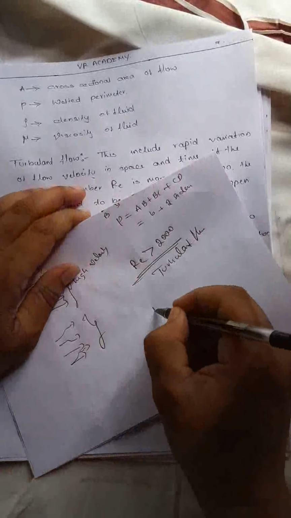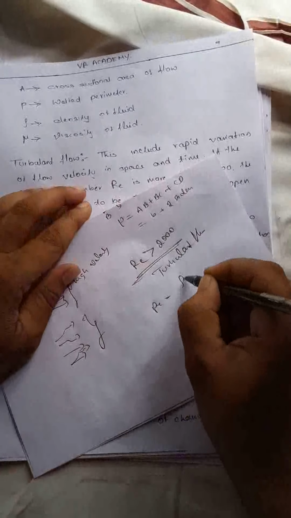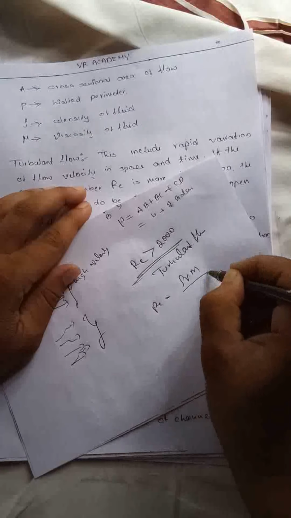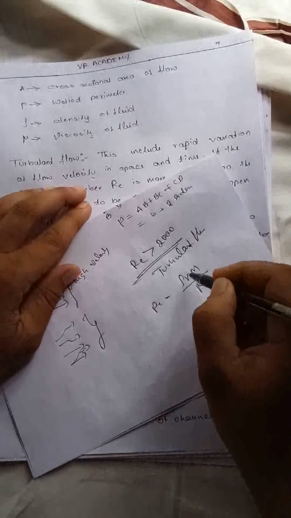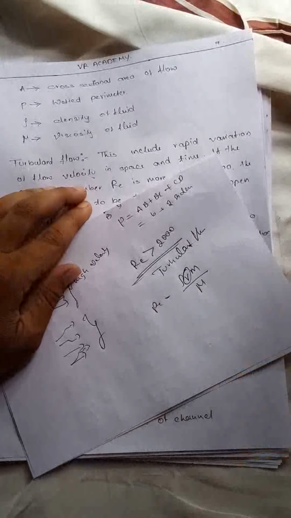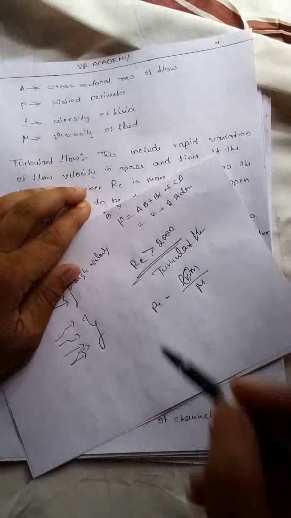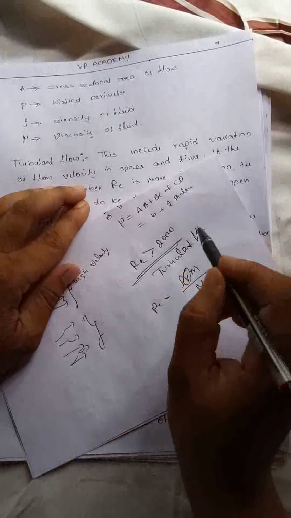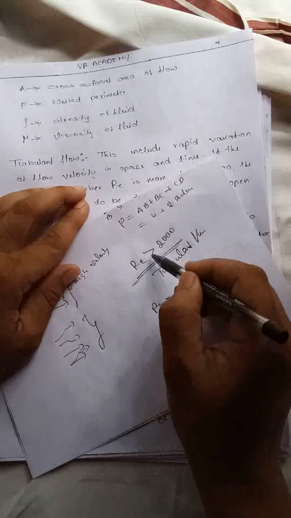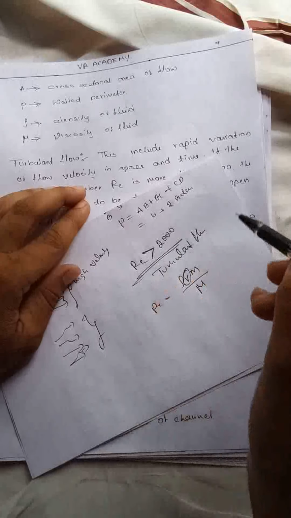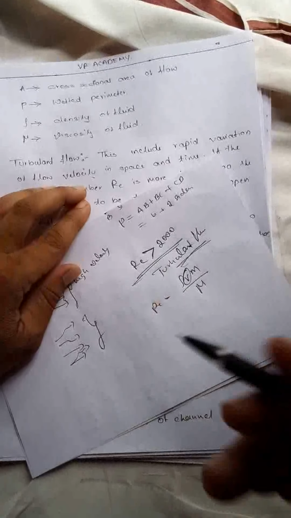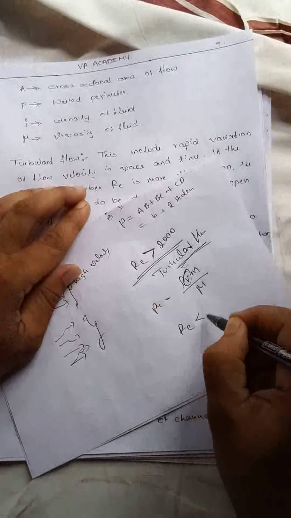The Reynolds number equation is rho V m divided by mu, so it is directly proportional to the velocity. If the velocity is high, the Reynolds number will be high. So turbulent flow occurs only due to high velocity, and a Reynolds number greater than 2000 is turbulent flow. In laminar flow the Reynolds number is less than 500.